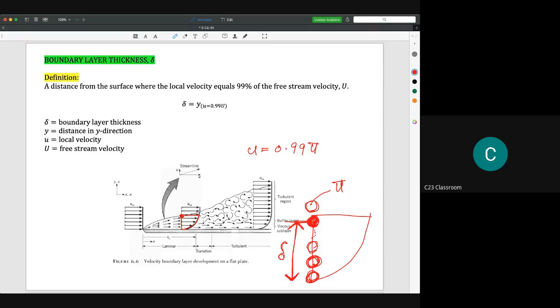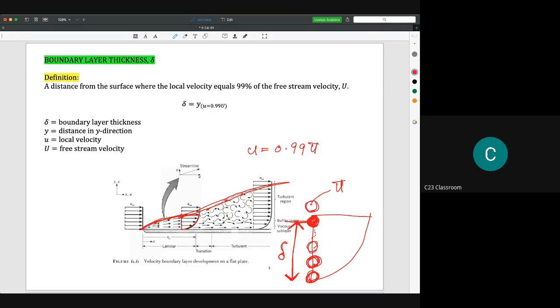If you want to draw a boundary layer, we need to draw a line, a path, a locus actually, connecting every point of 99% of U. It starts with 0, and then we connect all the points that have 99% of the free stream velocity.